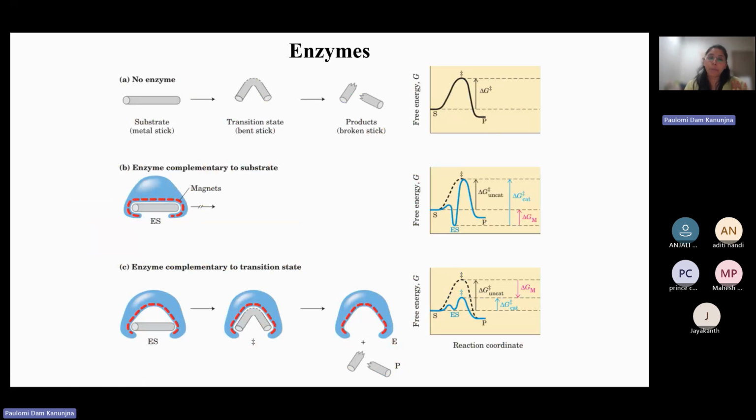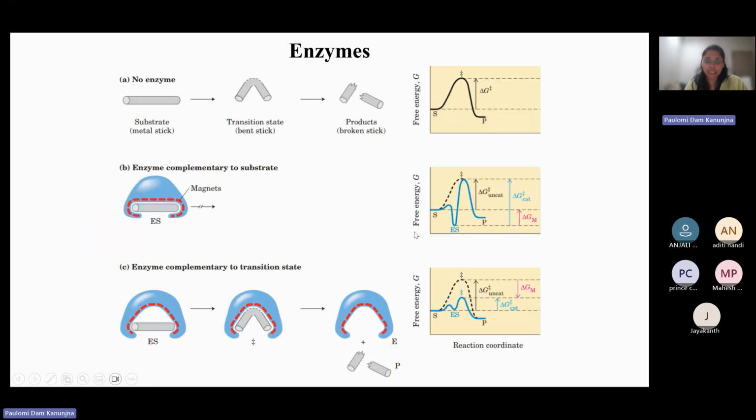For you to break the substrate into product, you have to bend it. That's the only way you can break. It can't be stretched, it can't be pulled, it has to be bent. If you have an enzyme which perfectly fits the substrate, then the force you require now to bend it is even further, which is basically of no use. You can see the climb here. The original climb was here, the black portion, right?